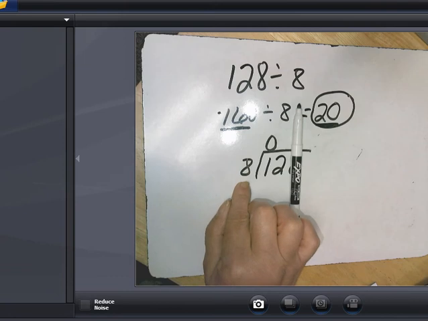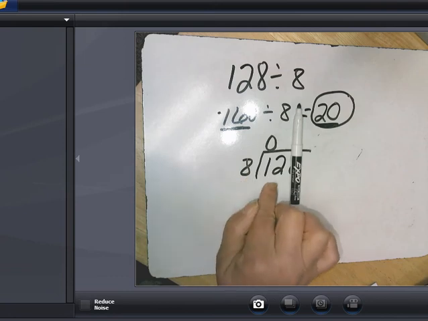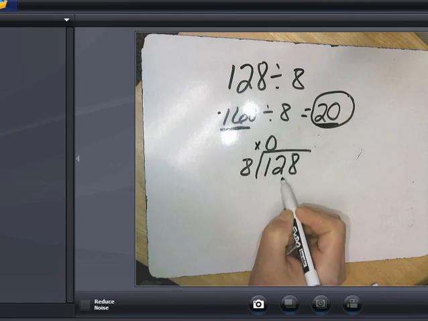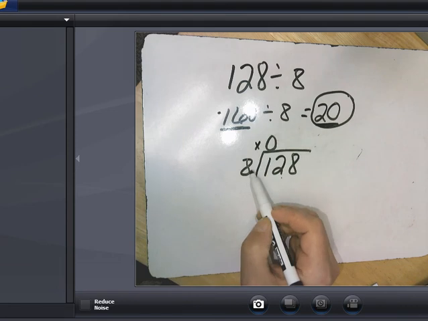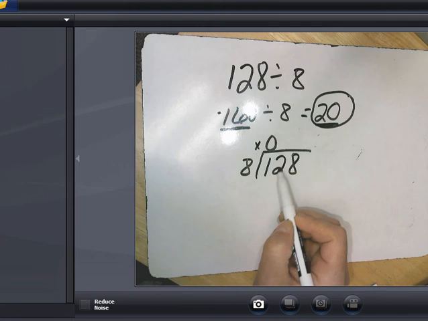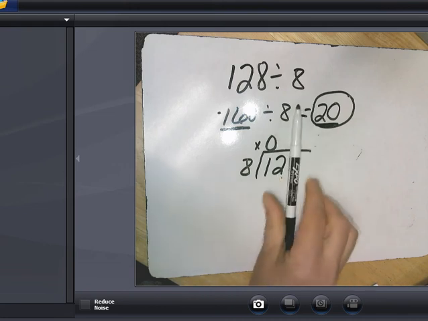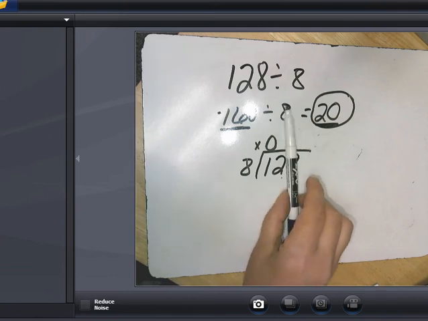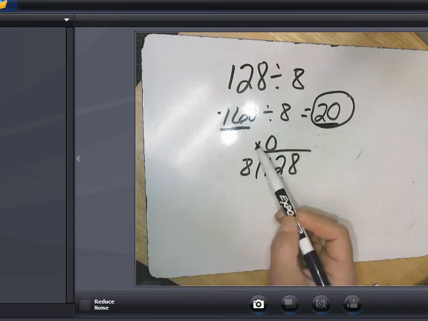8 divided by what, or 8 times what will get me to 12? Well, I can just start going by what I know. 8 times 1 is 8, and 8 times 2 is 16. 16 is too much. I don't have 16 there. I only have 12, so I'm going to do 8 times 1.